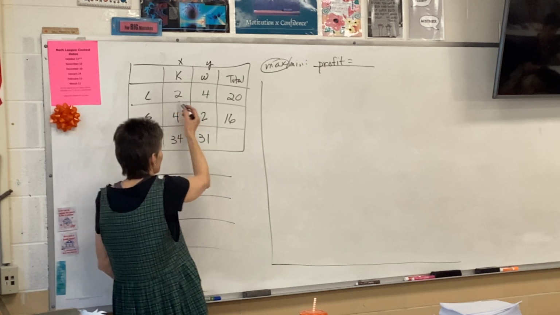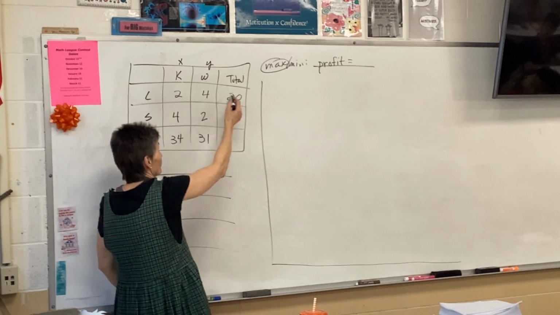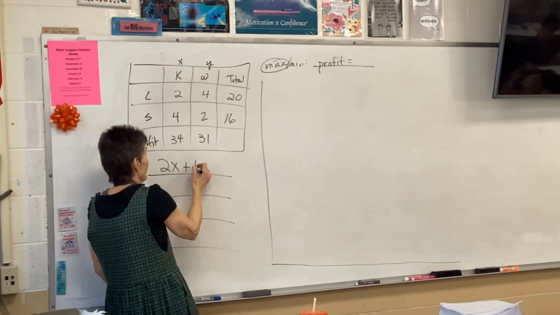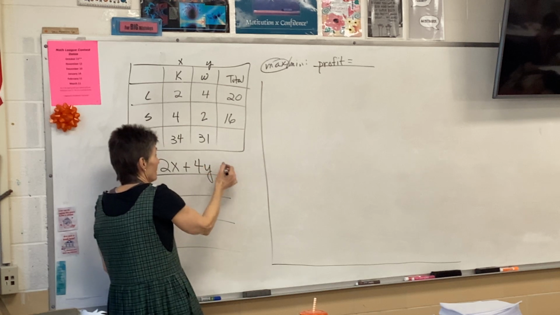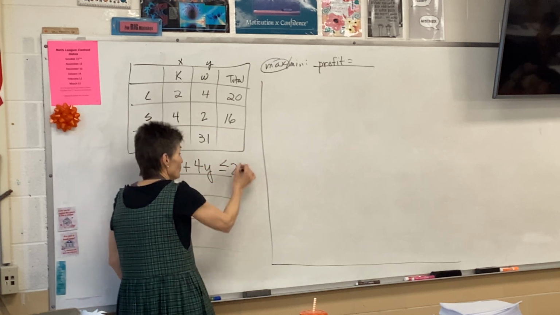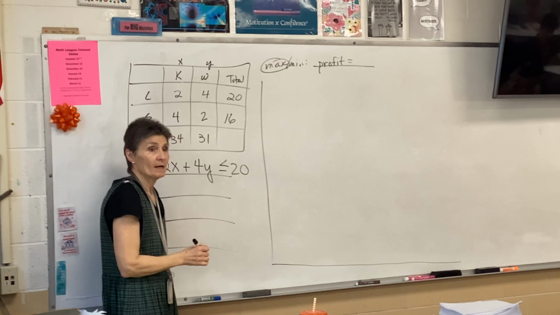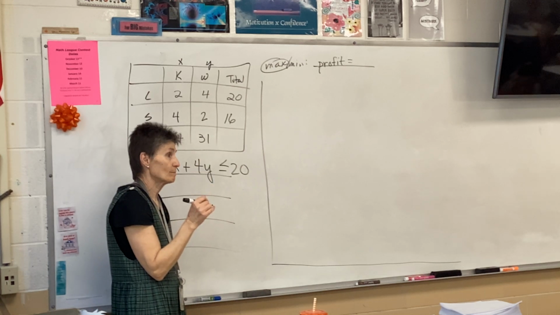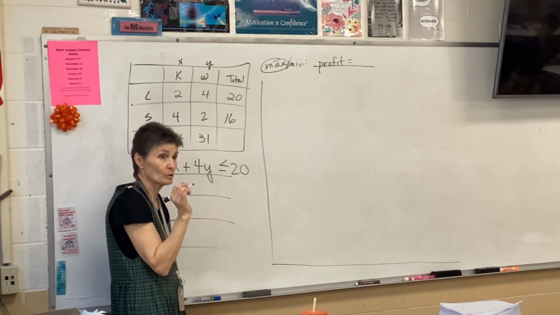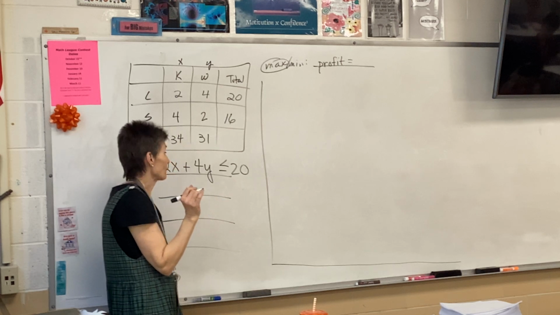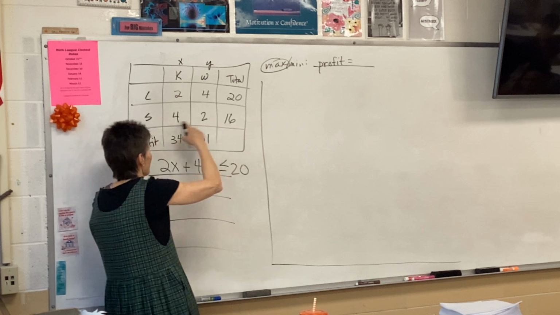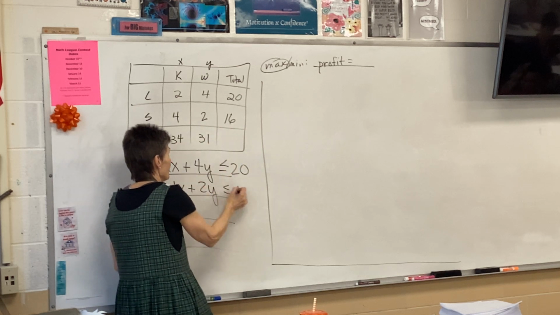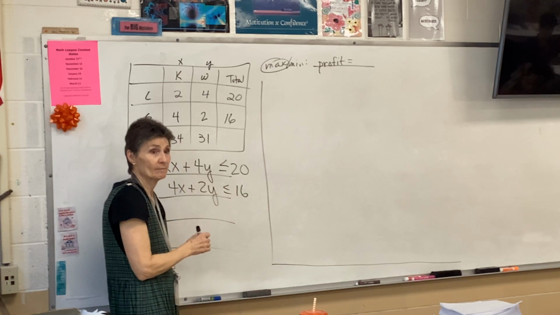So what will this equation say then? 2x plus 4y less than or equal to 20? Because I have at most 20 hours. It's going to be less than or equal to 20. What does this row say? 4x plus 2y less than or equal to 16.